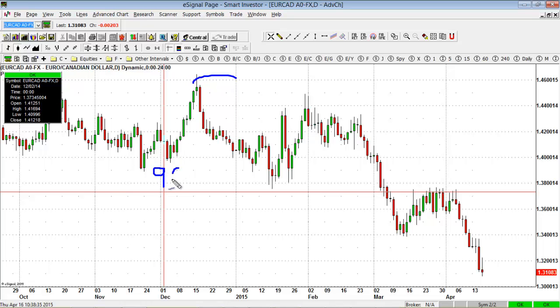Let's say your trade win percentage is 90% and your average win is 1 point, but your average loss is 10 points. So 1, 2, 3, 4, 5, 6, 7, 8, 9.